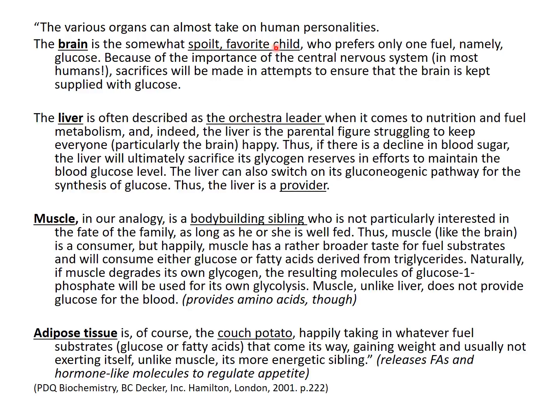So the brain is the spoiled child, always needs glucose, whatever happens. Liver is the provider and orchestra leader. You already learned about it a lot. Muscle is the bodybuilding sibling, which takes a lot of energy for its work. And adipose tissue is the couch potato, which majorly just stores away fatty acids, of course, for good reason.